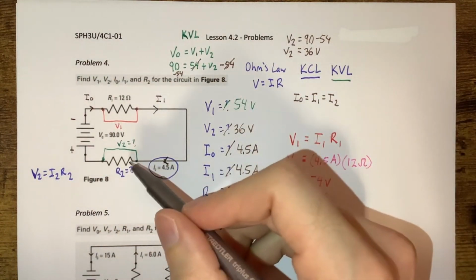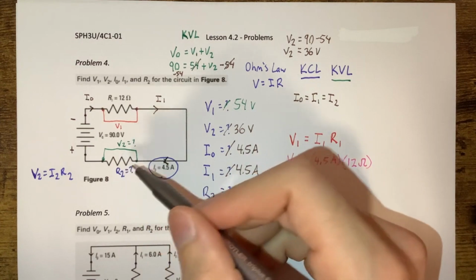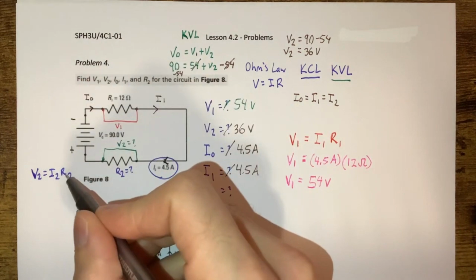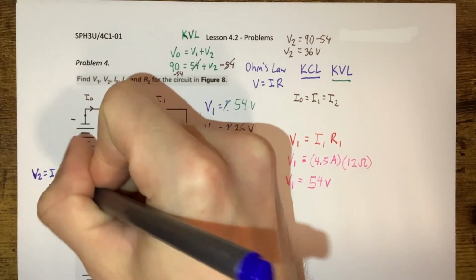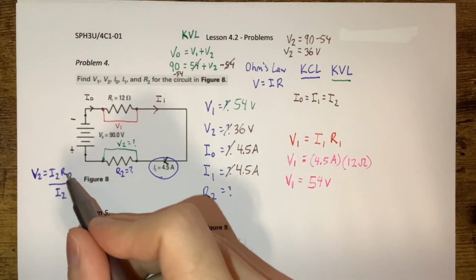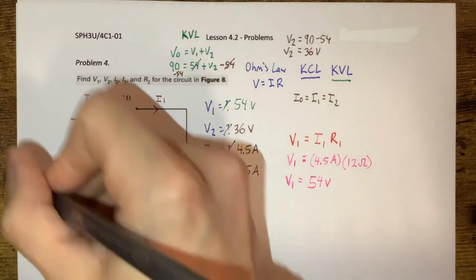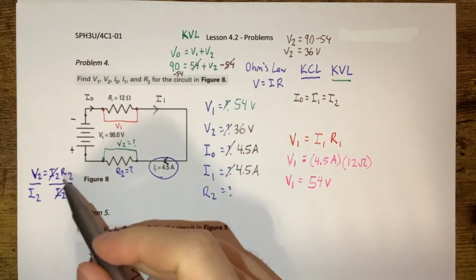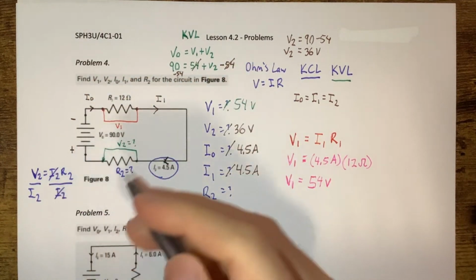So we got to consider what we have here. We're trying to find R2, so I'm going to rearrange our equation for R2. I want to do the opposite of multiplication here, so I got I2 times R2, so I got to divide by I2 on both sides, just simple algebra, and we know R2 is going to be V2 over I2.